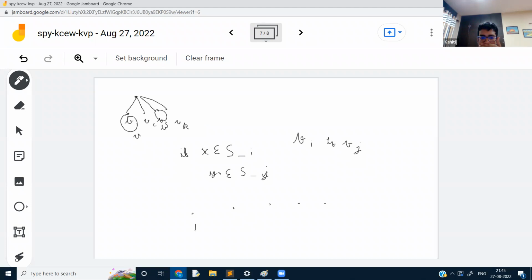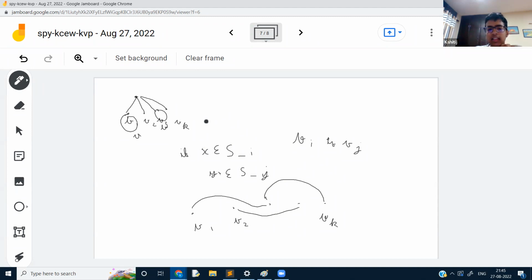So there are key nodes, and we find the connected components in this. The centroid is not part of any of these nodes. We are considering the graph other than the centroid part. Let there be an edge from here to here, an edge from here to here, and an edge from here to here, let's say. So these three are in the same component. These are in the same component.